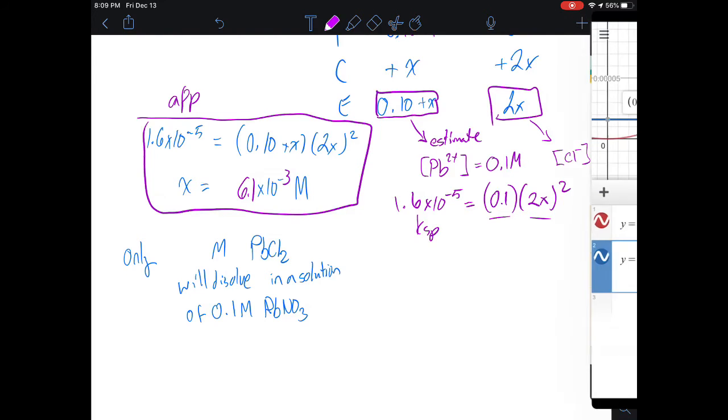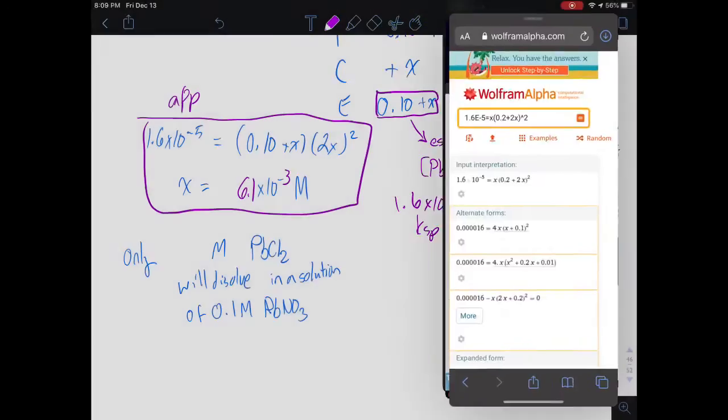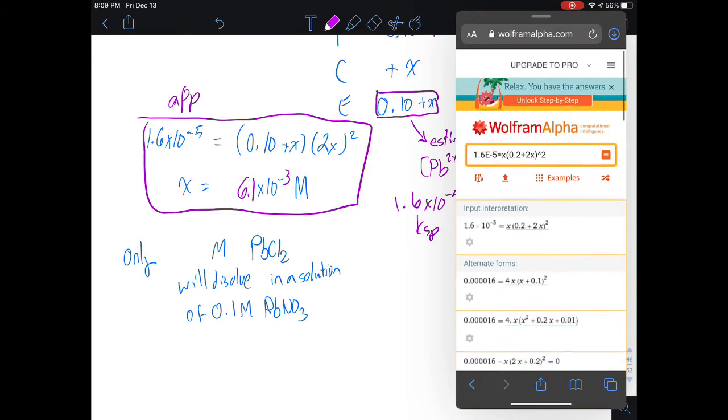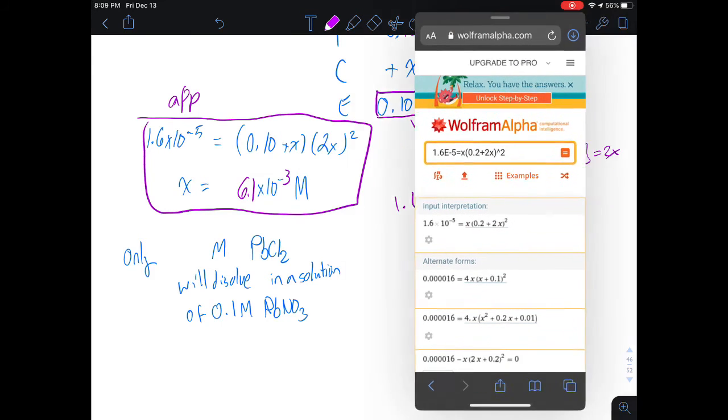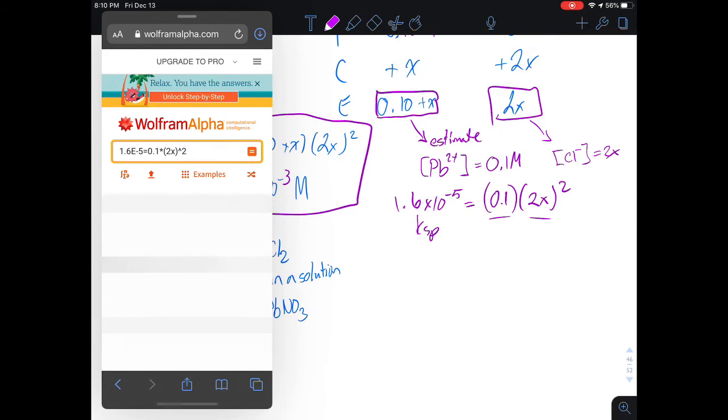Okay, this is a solvable equation. Let's see, what's our favorite now? Maybe let's just do Wolfram Alpha here. This is the exact same setup. So I'm going to use 0.1 times X times 2X to the power of 2.